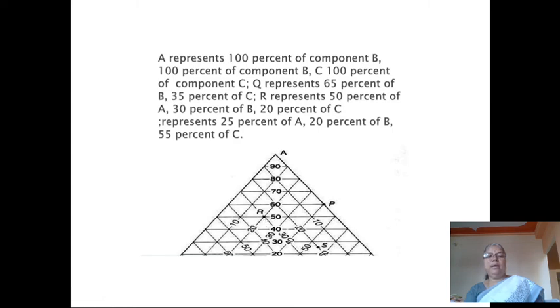This R point represents 50% of A, 30% of B and 20% of C, because in this triangle we can express the composition of all three components. At this R point we have 50% A, 30% of B and 20% of C.